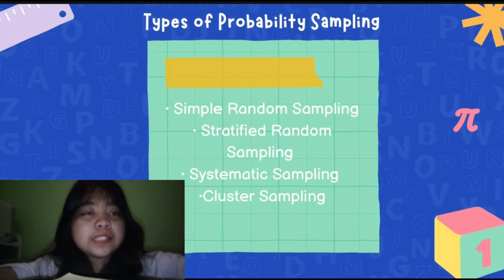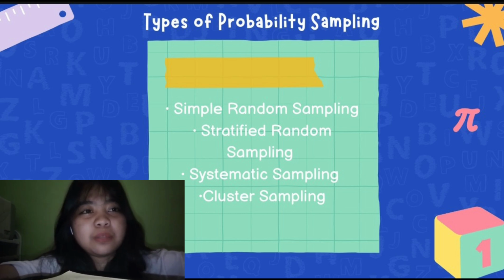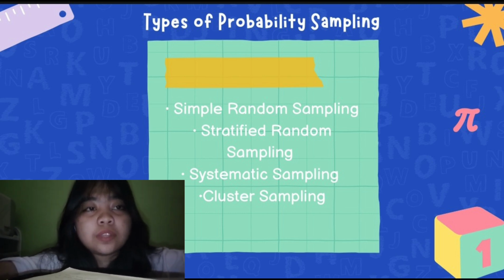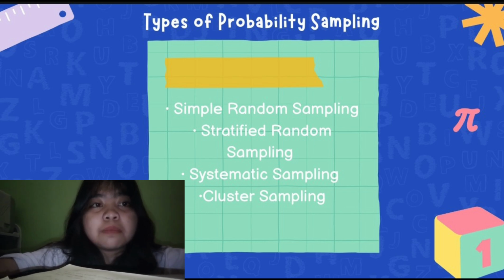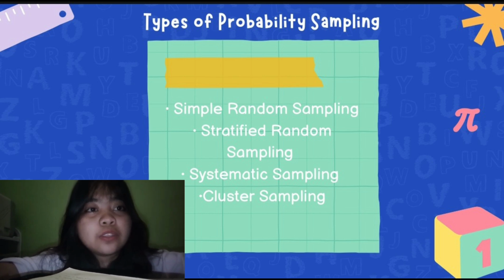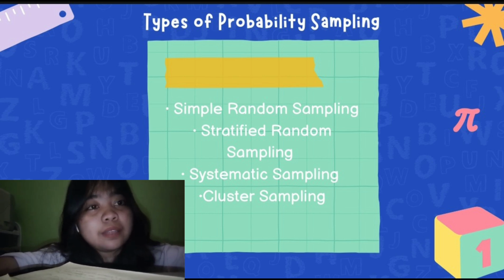Systematic sampling. This method involves selecting every nth individual from a list after a random starting point is determined. If you have a list of 100 names and want a sample of 50, you might select every 2nd name after randomly choosing a starting point.